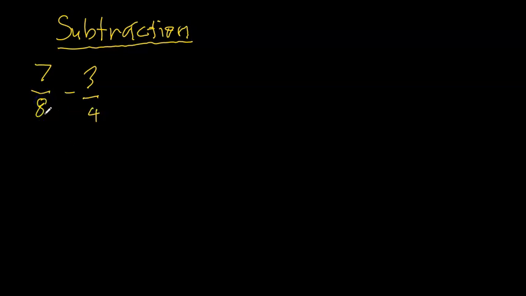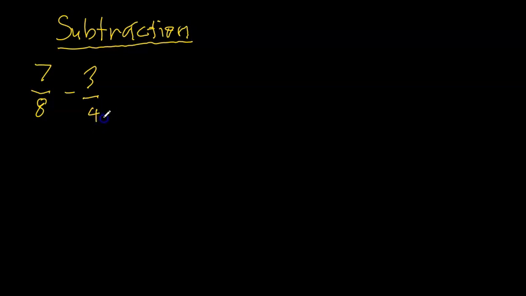So we look at these two denominators, 8 and 4. They are not common yet. We can make them become common by looking for the relationship, right? And normally you're aiming at getting to the larger of the two, or whichever number of fractions there are.